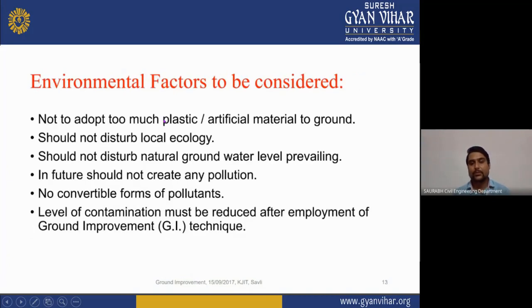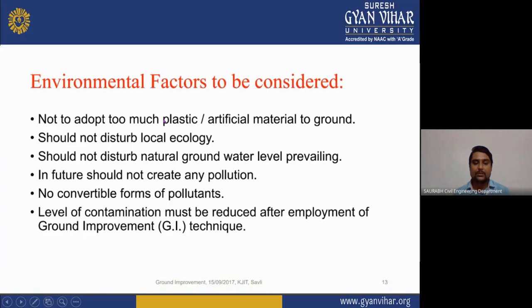So what should be the environmental factors to be considered for ground improvement? We will see here, not to adopt too much plastic or artificial material to the ground. It should not disturb the local ecology, should not disturb the natural groundwater level, and in future should not create any pollution, no convertible form of pollutant.